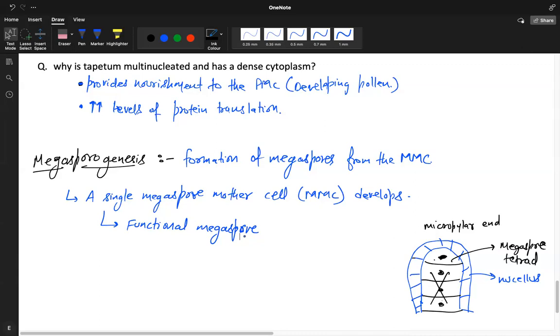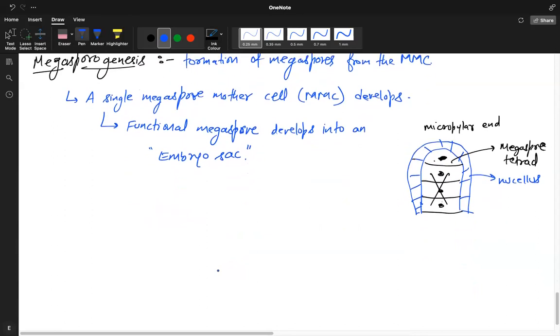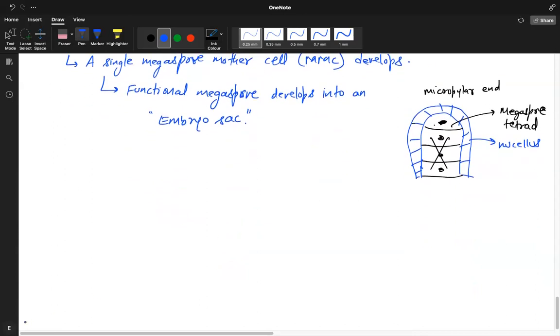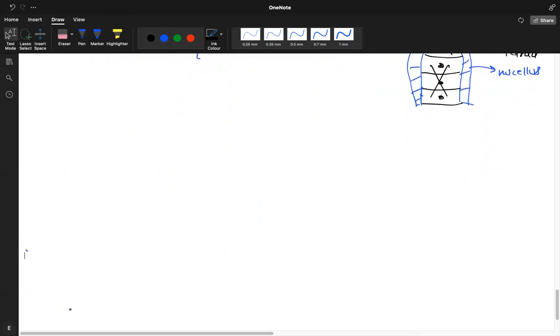Okay. So the functional megaspore develops into an embryo sac. And this is very important. The structure of the embryo sac is important for you from the perspective of boards and also for entrance. Now, just write down a few points, highlighting Iram's question.